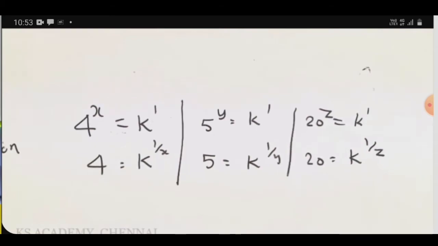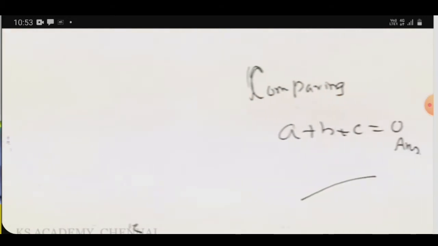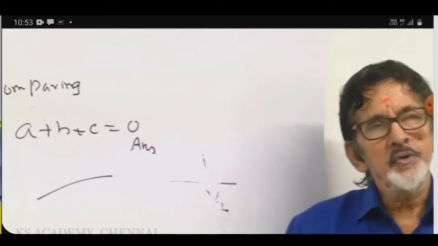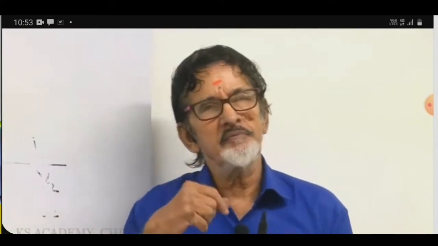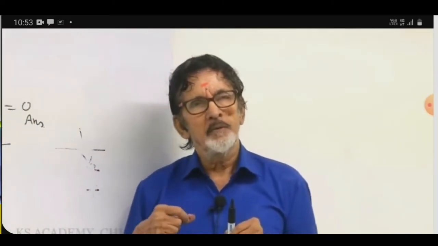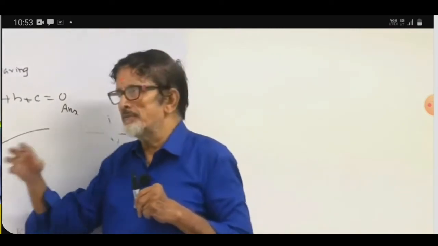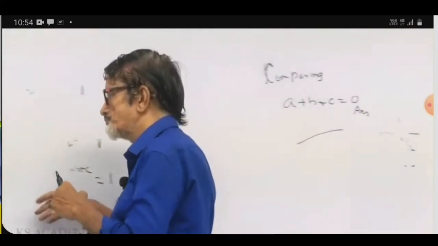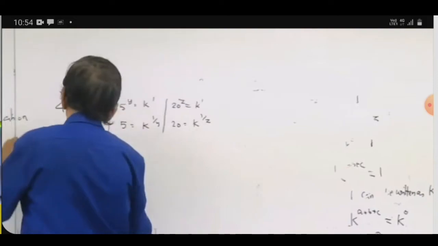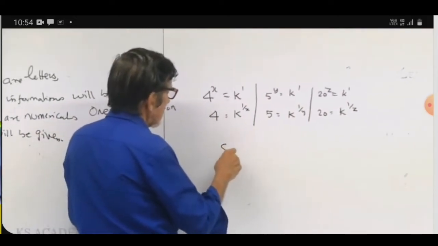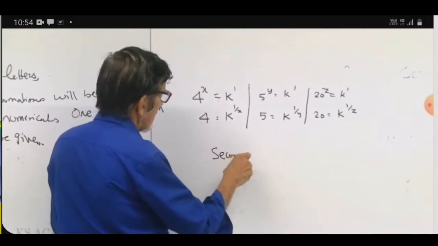We want the second information, which is not given, so what do we have to do? We have to try to get the second information. It is easy. Only one information given means we want another information.